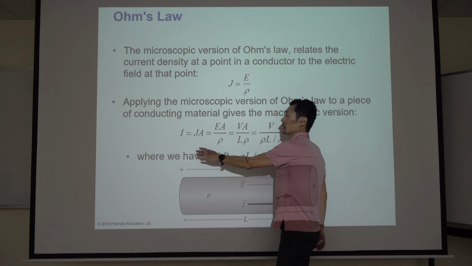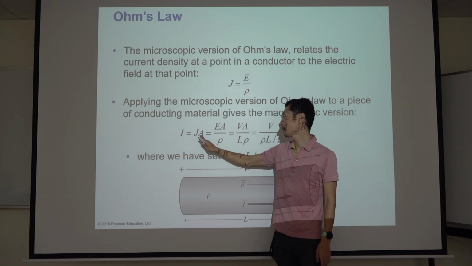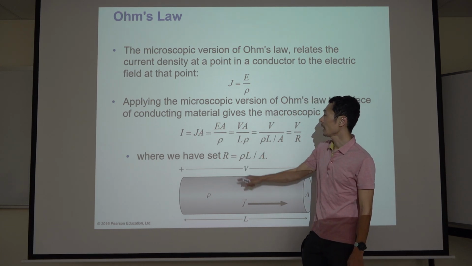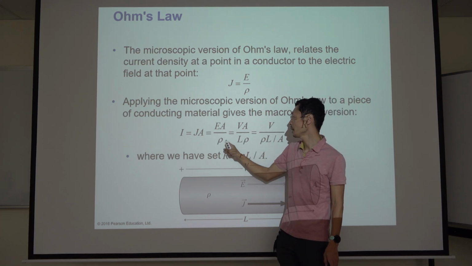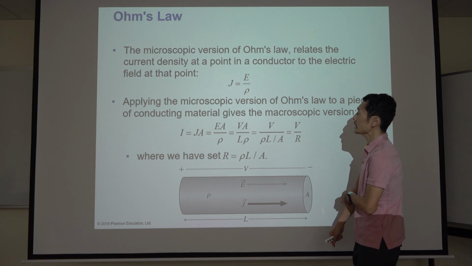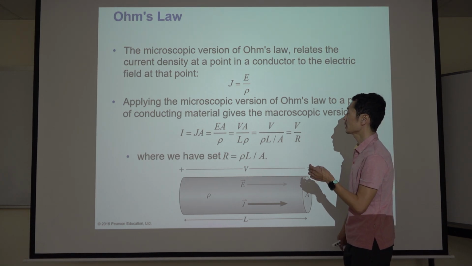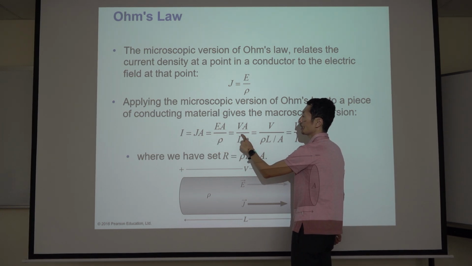Current, if you remember, is the current density times area. Now J, the current density, is E divided by rho, so I equals EA divided by rho. And the E you can write as V divided by L, right?